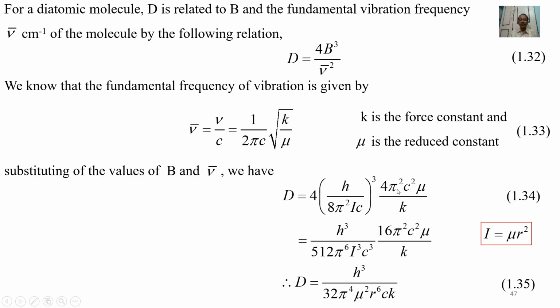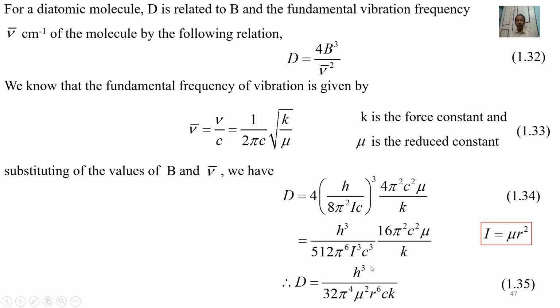This becomes 4 pi squared c squared mu divided by K. Now this 4 and this 4 multiplied give us 16, and this term can be simplified as h cube divided by 8 cube. 8 cube is 512, 512, pi to the power 6, I cube c cube, and this 16 divided by 512 gives us 32, and pi squared and pi to the power 6 will give us pi to the power 4.